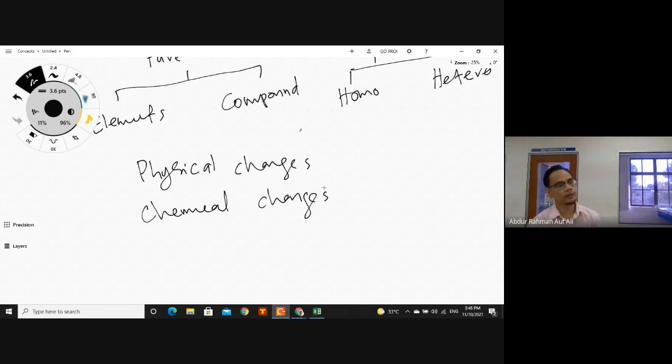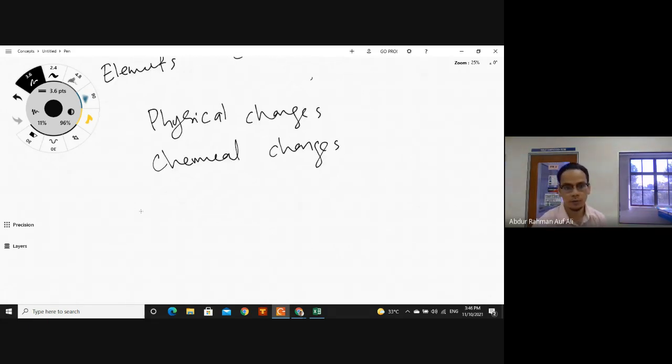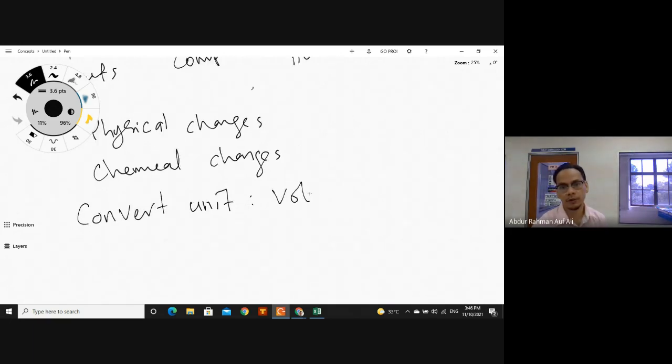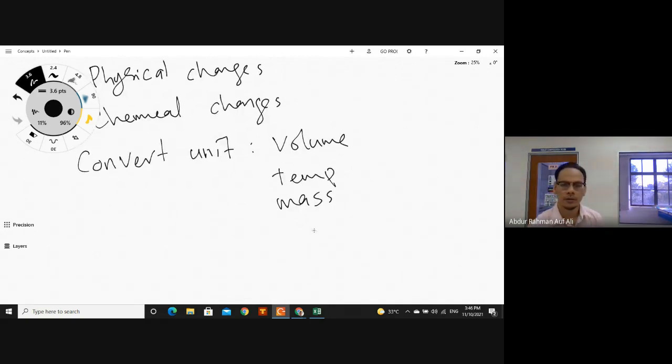And then today kita dah go over kalau kita nak measure anything in a chemical reaction, you have to know how to convert units. Okay, unit conversion. Kita fokus on volume, temperature, mass, apa lagi satu tadi? Another one.